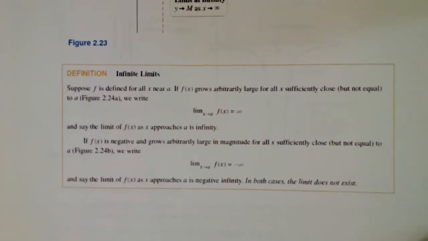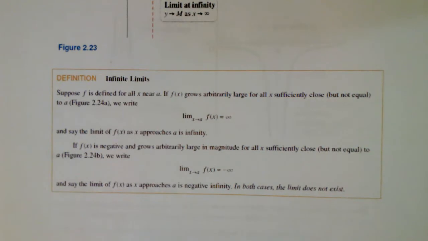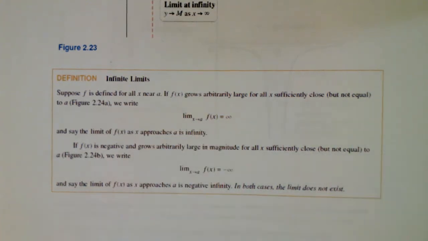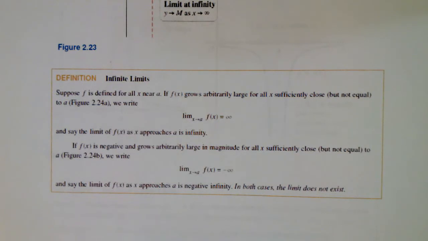All right, here's a definition of infinite limits. Suppose f is defined for all x near a. If f of x grows arbitrarily large for all x sufficiently close but not equal to a, then we write it like this: the limit as x approaches a of f of x equals infinity, and that's in this case positive infinity.